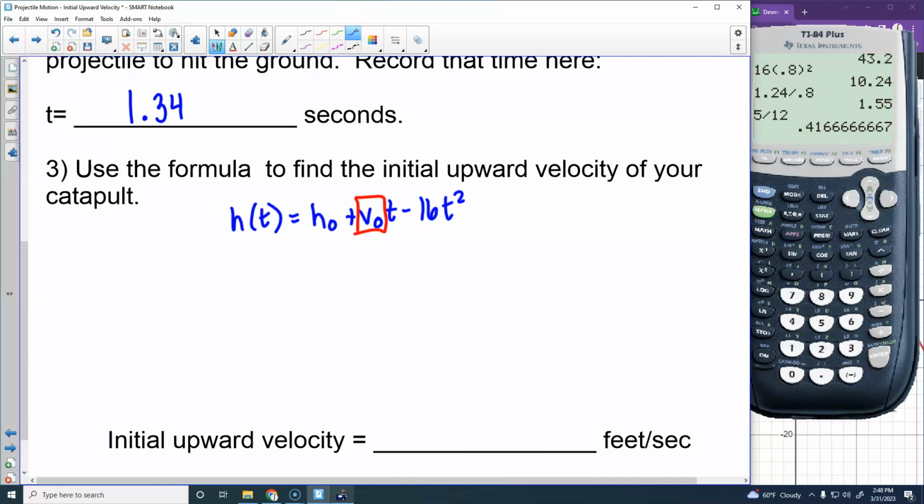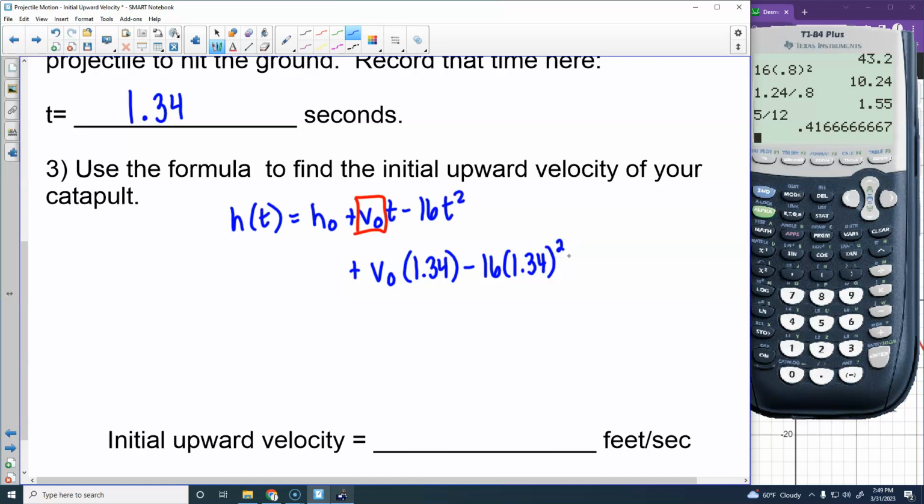Let's see, Giancarlo, give me a number I can plug into this equation. The 1.34, where would it go? T. All right, so I'm going to have v sub 0 times 1.34 minus 16 times 1.34 squared.